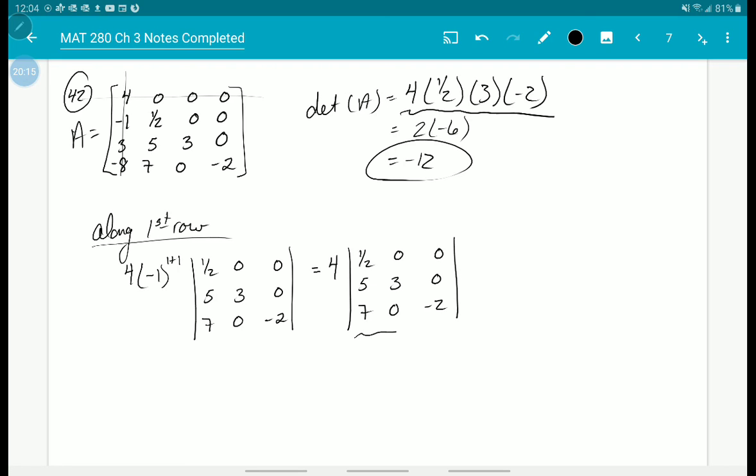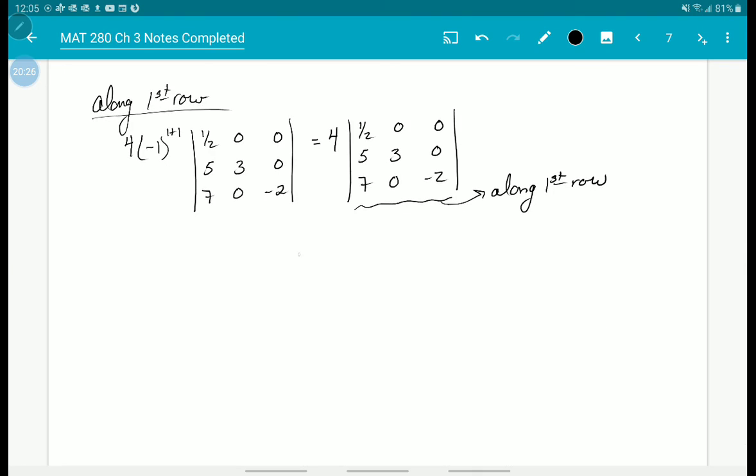So now let's find the determinant of that matrix. We're going to do another expansion, and I'm going to go along that first row again. We still have the 4 hanging out. If I go along that first row, I'm going to have 1/2 times the determinant of 3, 0, 0, negative 2.